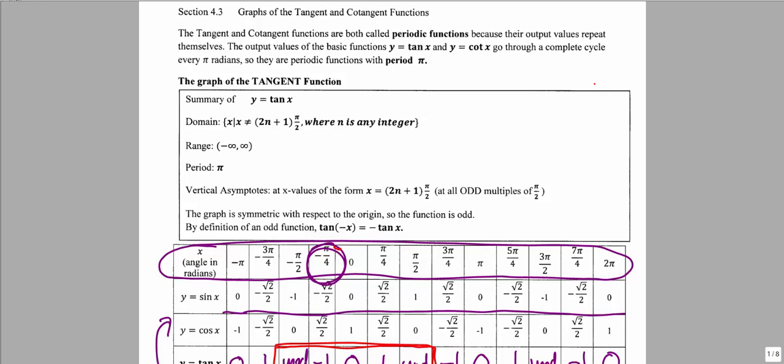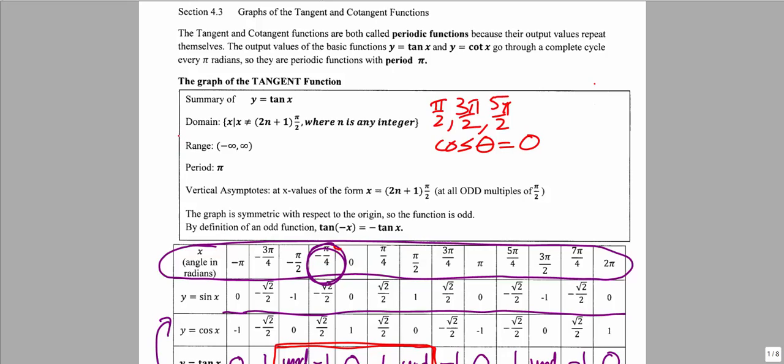So we start to have issues with pi over 2, 3 pi over 2, 5 pi over 2. These are all the places where cosine of those angles is 0. And if cosine of an angle is 0, and we divide by cosine, then we get an undefined value that we cannot plot on the graph for tangent.